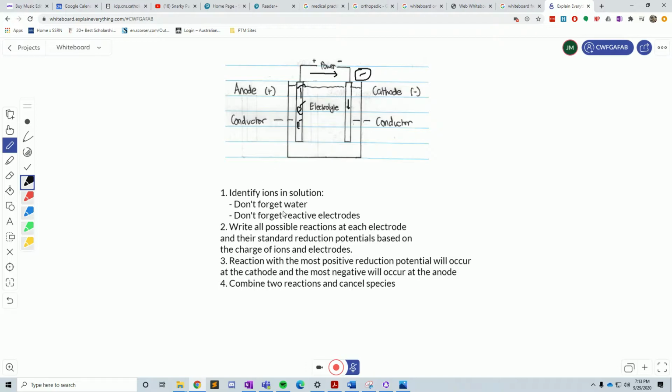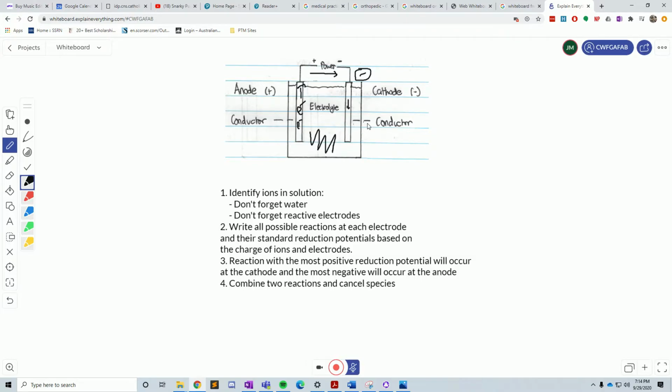First step, identify the ions which exist in this solution here. Important to note, don't forget about water, because that can react under the standard electropotentials. It's in there twice, I believe. And don't forget about reactive electrodes.